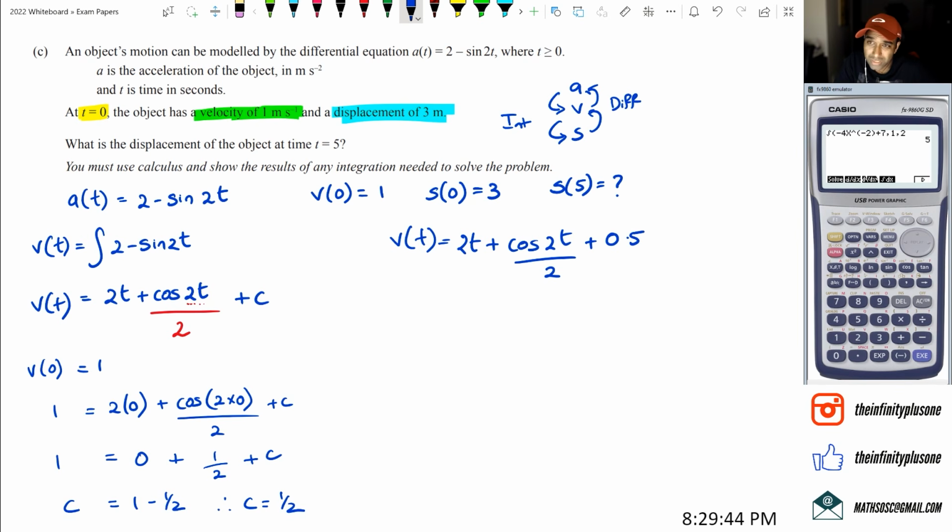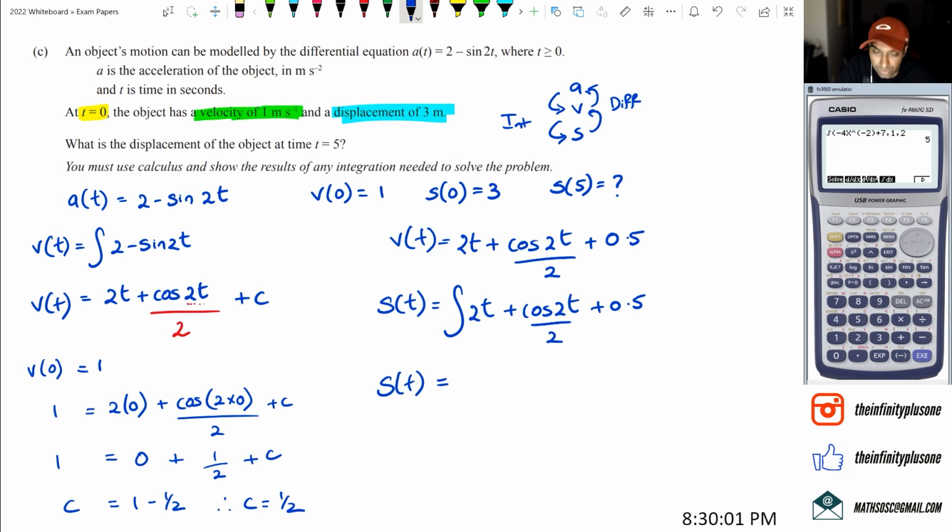Now we need to integrate this to find the displacement equation. So s of t is equal to the integral of 2t plus cos 2t over 2 plus 0.5. We get s of t is equal to, when you integrate 2t, 2t squared divided by 2.